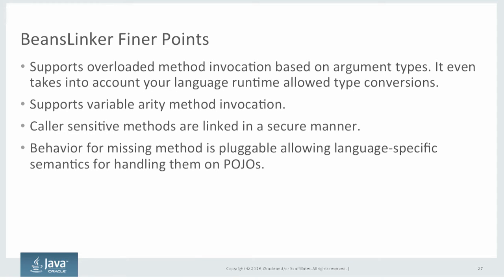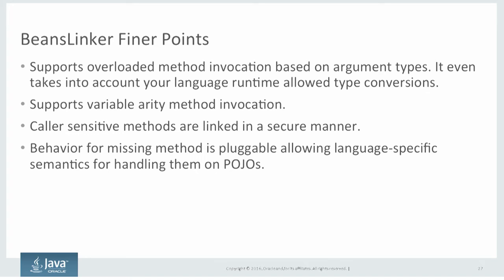I mentioned this yesterday in the Nashorn talk already. For completeness, I will reiterate briefly. So caller sensitive is tricky because the lookup context is relevant. Dynalink uses method handles and normally applies public lookup.